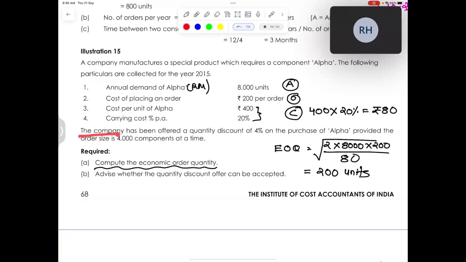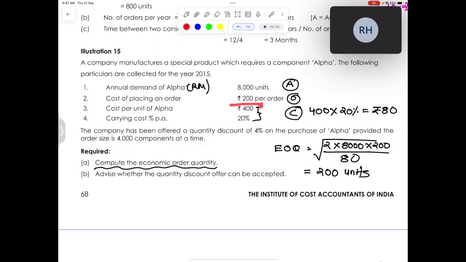Okay. Now, the supplier has offered a quantity discount to us. Let's check it out. The company has been offered a quantity discount of 4% on the purchase of alpha. The condition is you have to purchase 4,000 units at a time. My economic order quantity is suggesting that in a single order, we should place 200 units. If we are placing 200 units in a single order, the purchase price will be 400 rupees. But the supplier has given us an offer that if you order 4,000 units in a single order, you will be provided 4% discount.